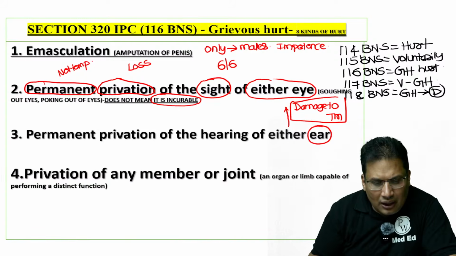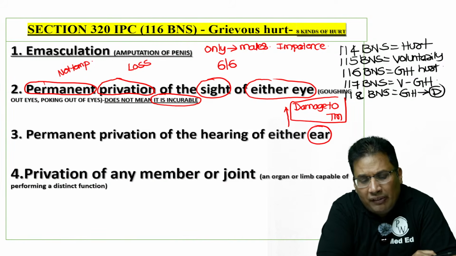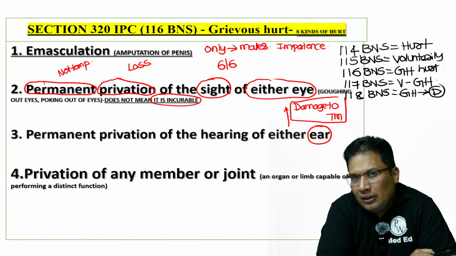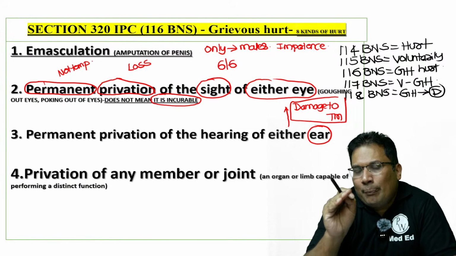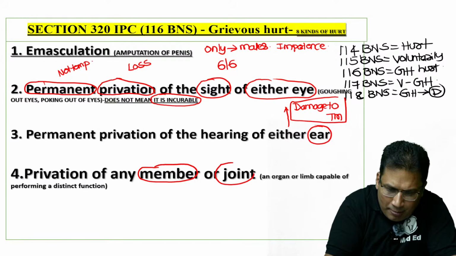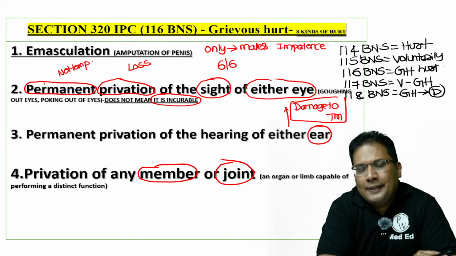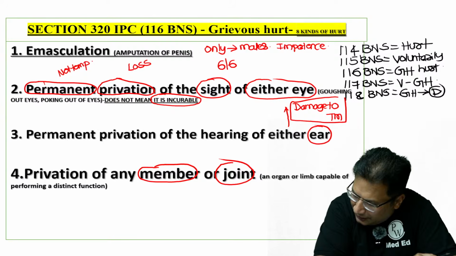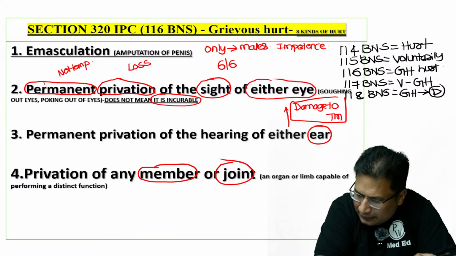Then the clause number 4, privation of any member or joint. This is very important. The fourth one is related to member. Any member or joint. Can you give one example for member? Yes, guys? Yes, Dhananjay, Rakesh, Cricket.